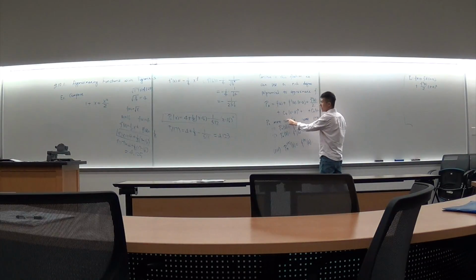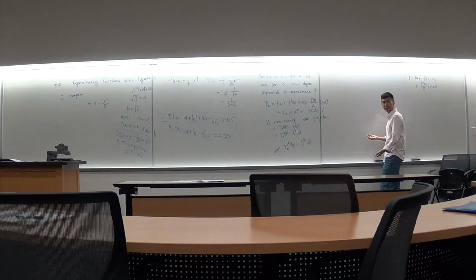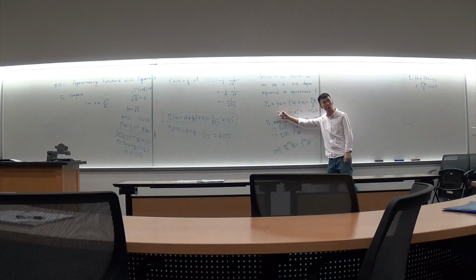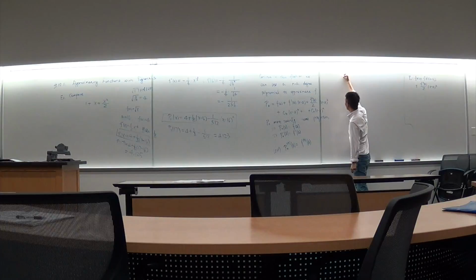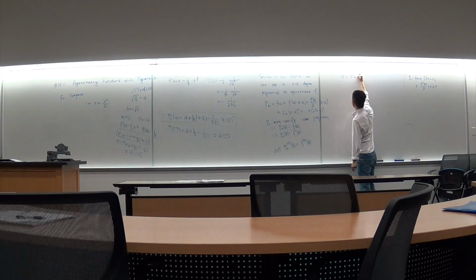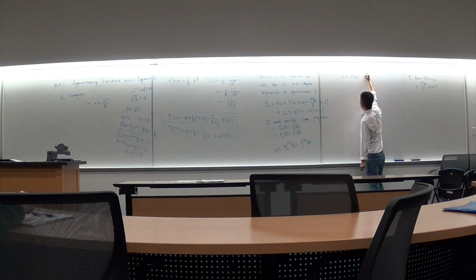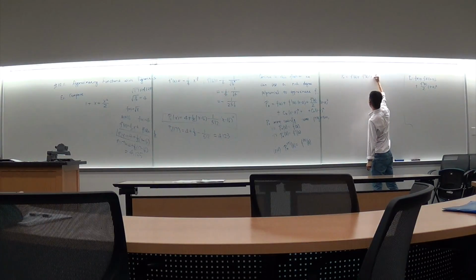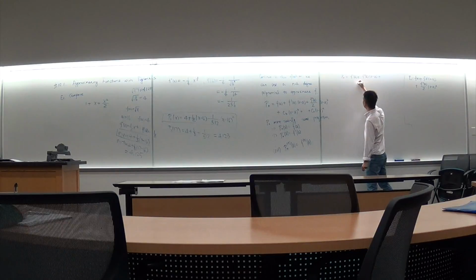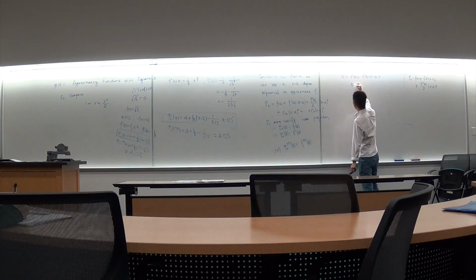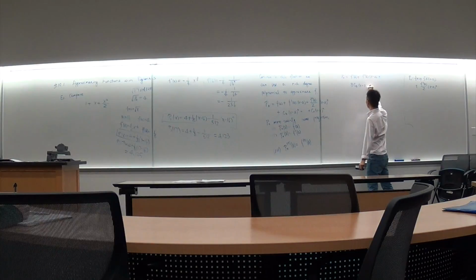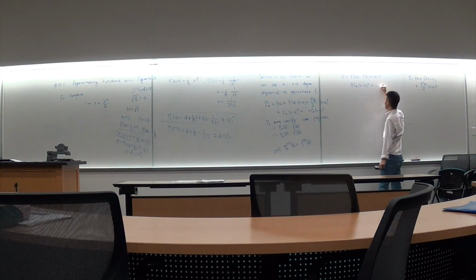Now to find the C3, we need to find an even higher order derivative of this polynomial P sub n. So remember that Pn prime is equal to f prime of a plus f double prime of a times x minus a plus 3 times C3 times x minus a to the second power, and then some more.